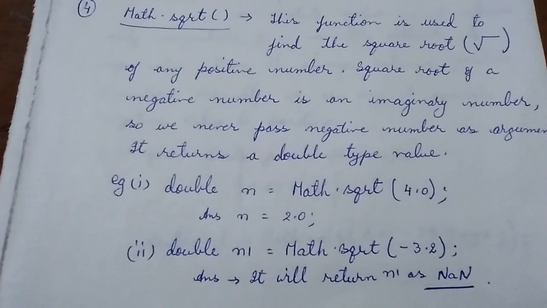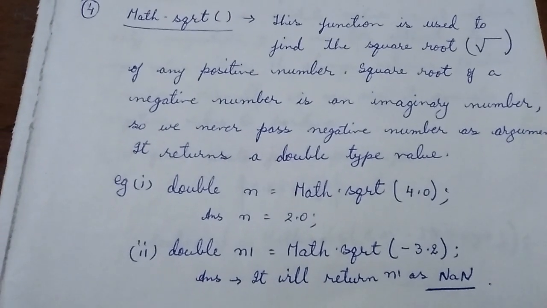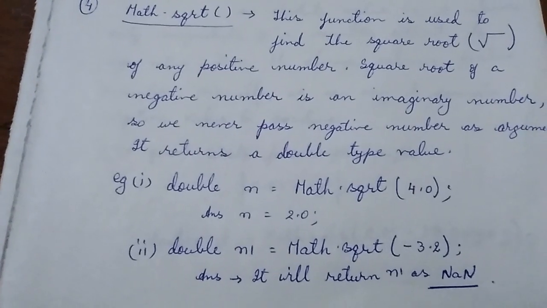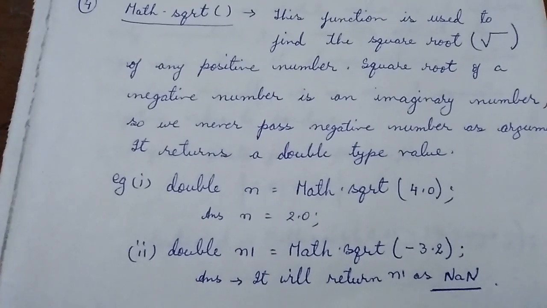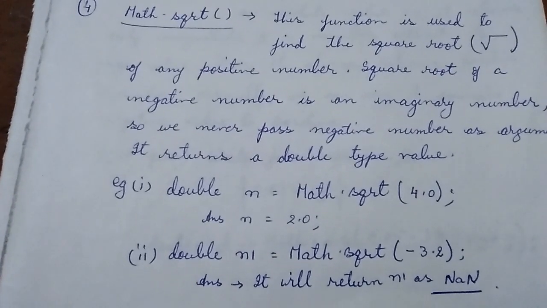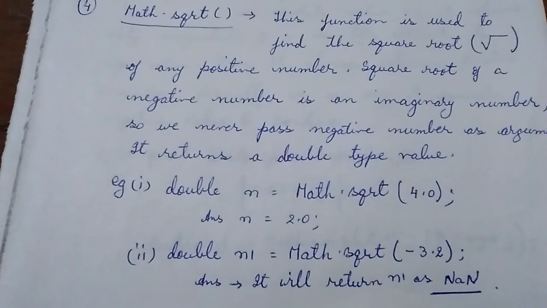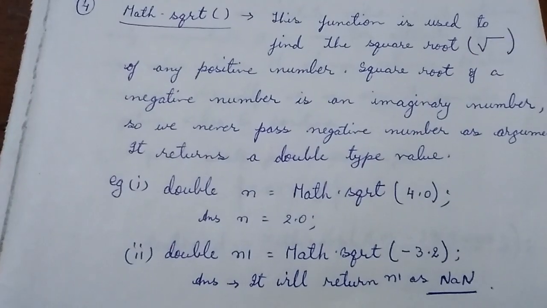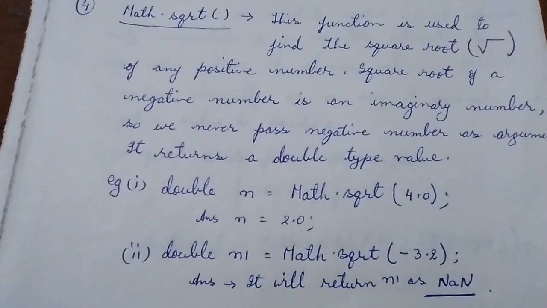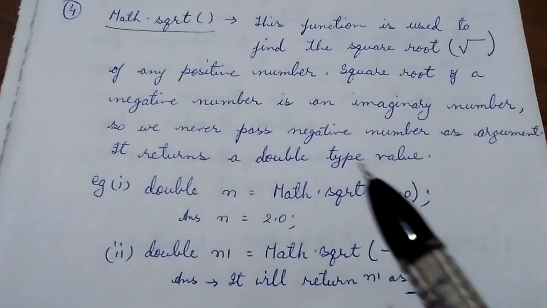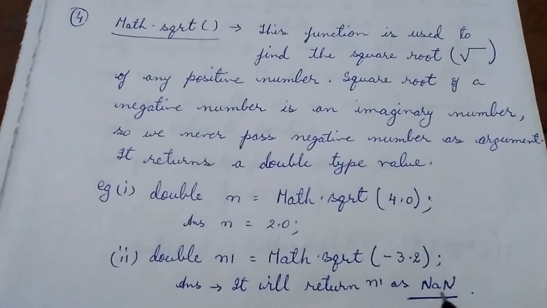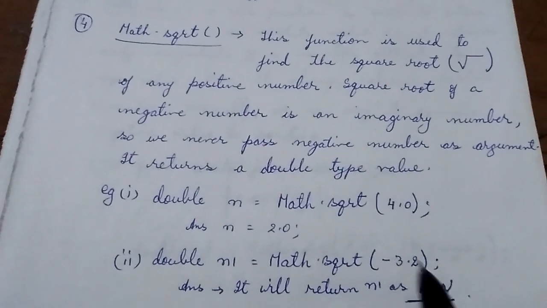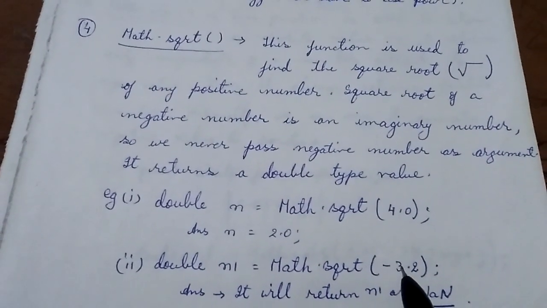But if we write double n1 equals Math.sqrt(minus 3.2), then n1 will have a value as NaN, not a number. So this is very important. The output of n1 will be NaN if a negative number is passed.